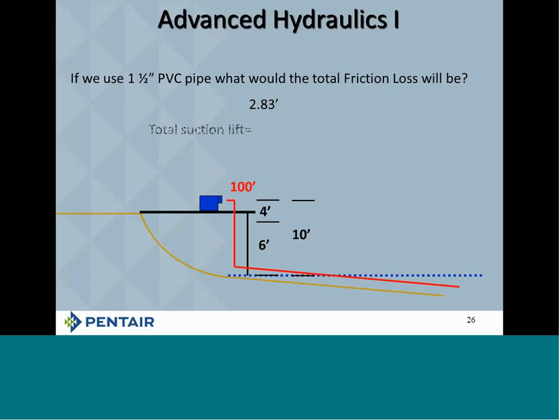Okay? Because now our total suction lift went from 16 all the way down to 13. All right? And that's just by going up 1 pipe size. So, of course, the question is, can we do better? All right? Well, let's find out.